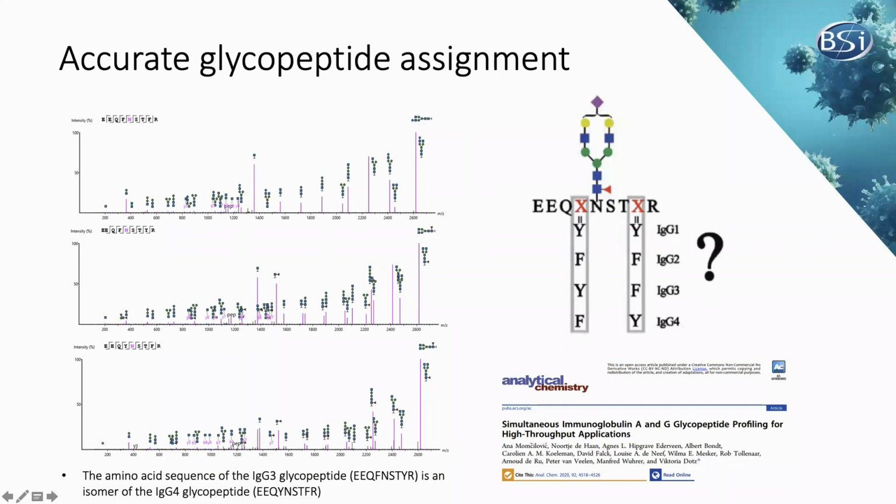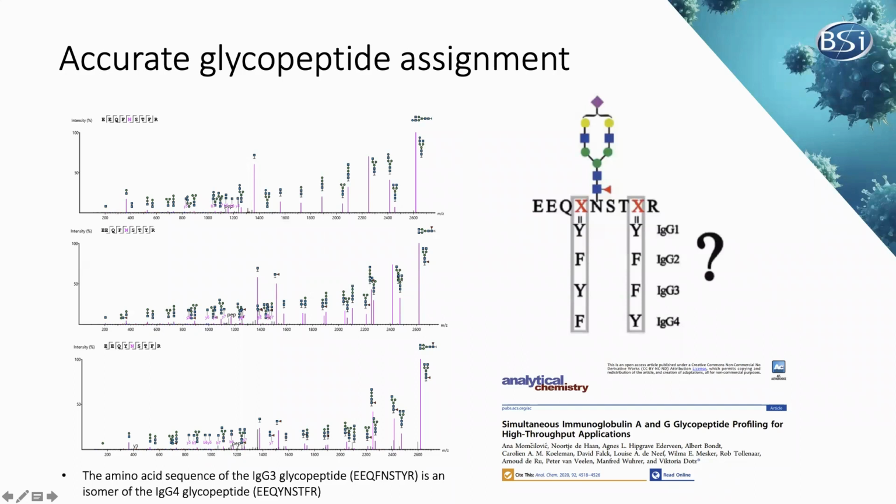In terms of IgG3 and IgG4, these peptides would be isomers of one another. We need to be able to accurately map these to the correct IgG subclass in order to characterize their glycan profiles. You can see we were able to do this here, with spectra that mapped that glycosylation site.